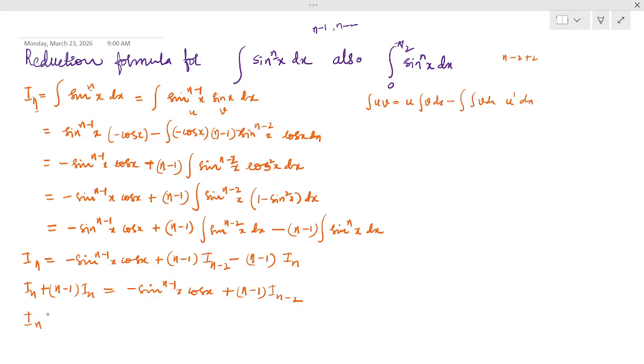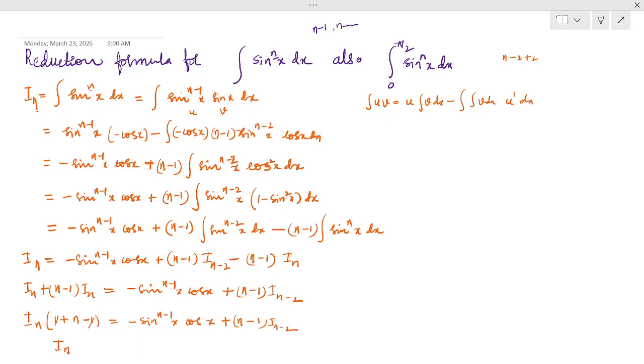I will take I_n common here. It is 1 plus (n minus 1), and the right side remains as it is: minus sin^(n-1)x cos x plus (n minus 1) times I_(n-2). So plus (n minus 1) gets cancelled and you cross multiply n.